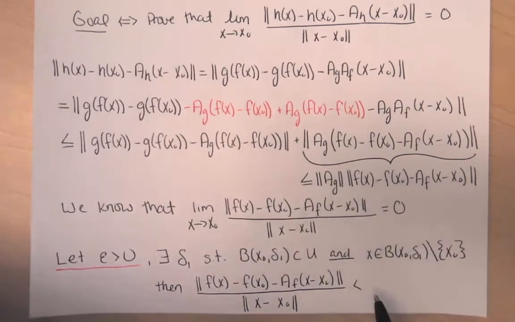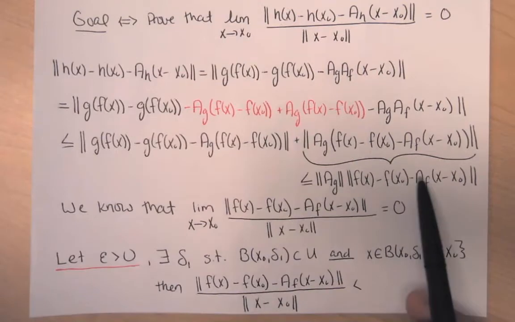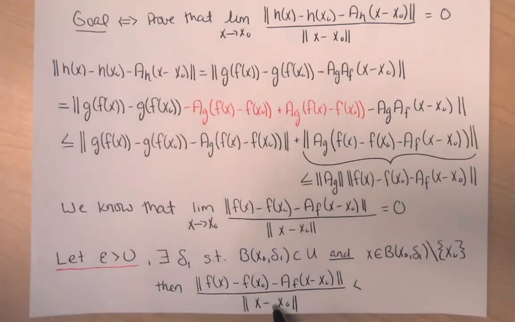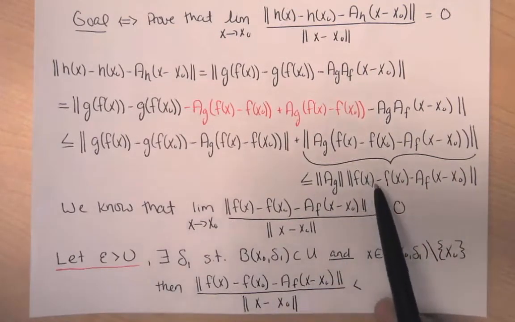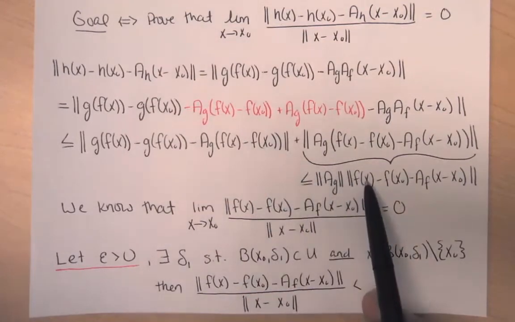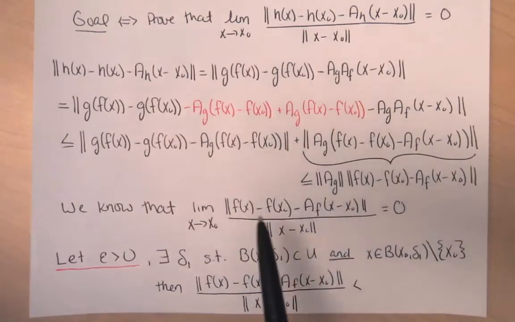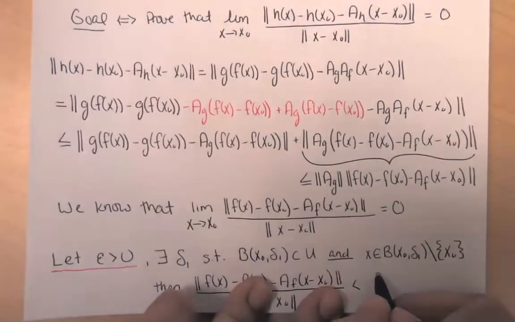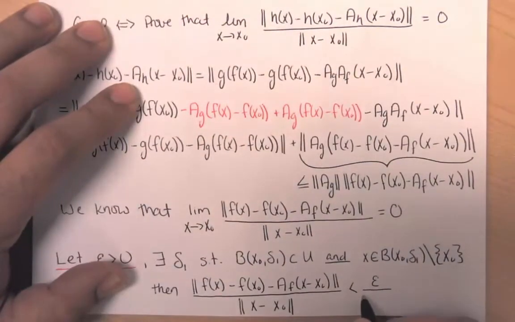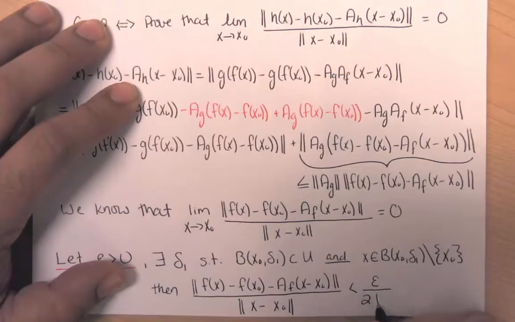Okay, what do I want? Well, I want this numerator divided by x minus x naught to be less than half an epsilon, because I'm adding two things. Of course, I'll have to divide that by the norm of this, so that this entire term is bounded by epsilon over 2. So I'll get epsilon divided by 2 times the norm of AG.